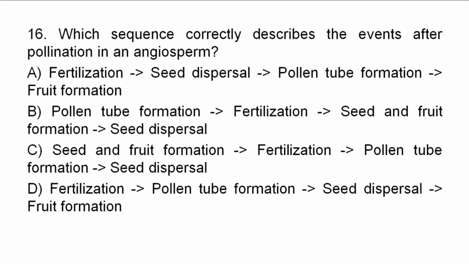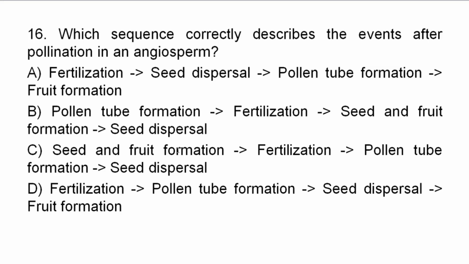Question number 16. What sequence correctly describes the events after pollination in an angiosperm? A. Fertilization, then seed dispersal, then pollen tube formation, then fruit formation. B. Pollen tube formation, then fertilization, then seed and fruit formation, then seed dispersal.